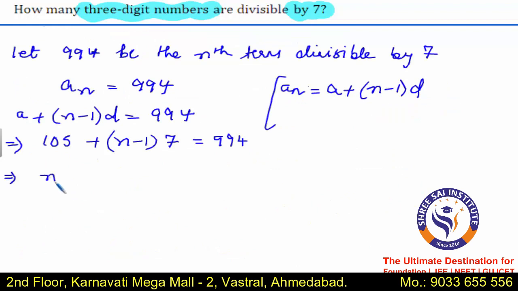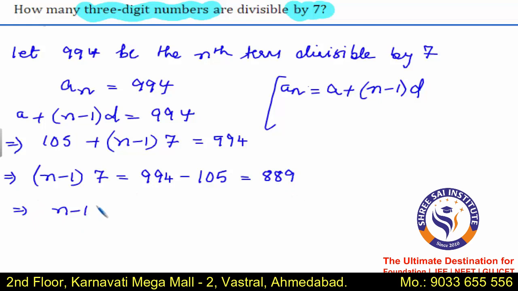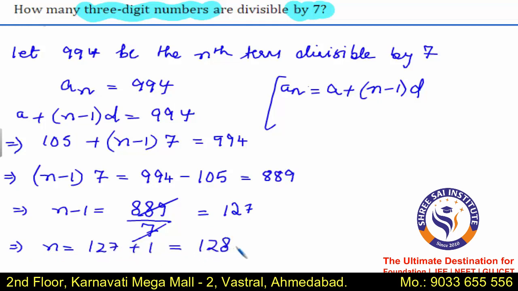This further implies n minus 1 into 7 is equal to 994 minus 105, and this is equal to 889. This further implies that n minus 1 is equal to 889 divided by 7, and this on simplifying comes equal to 127. This implies that n is equal to 127 plus 1, which is equal to 128.